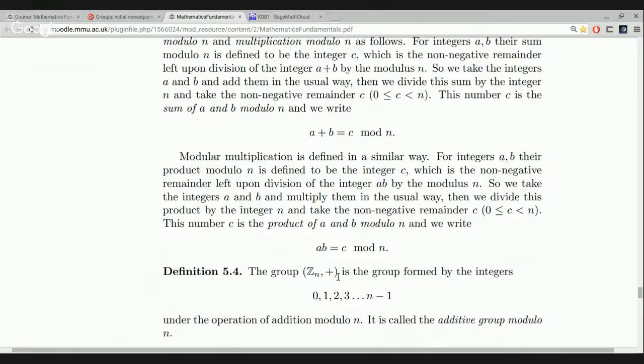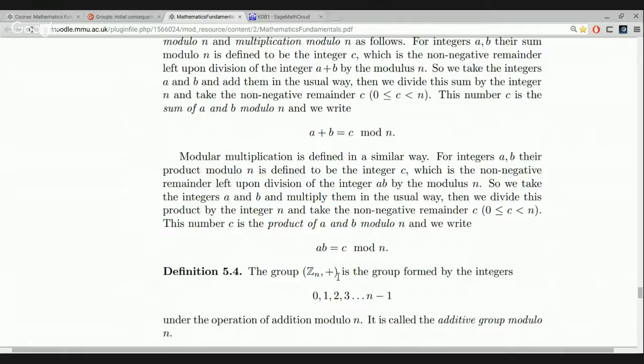We might be searching for the inverse of 2, which is the element x from this set such that when you multiply it by 2, you get something congruent to 1 modulo 8. Well, 2 times 0 is 0, 2 times 1 is 2, 2 times 2 is 4, 2 times 3 is 6, 2 times 4 is 8, which is 0 modulo 8.